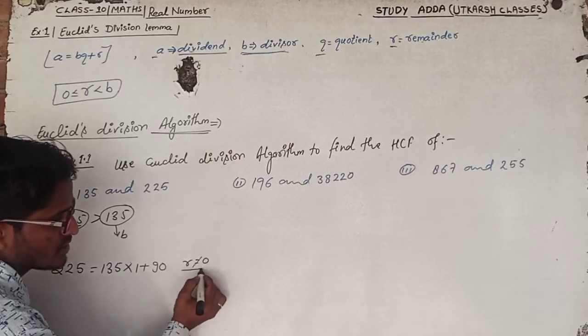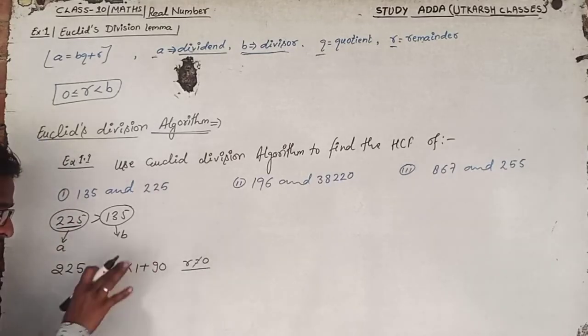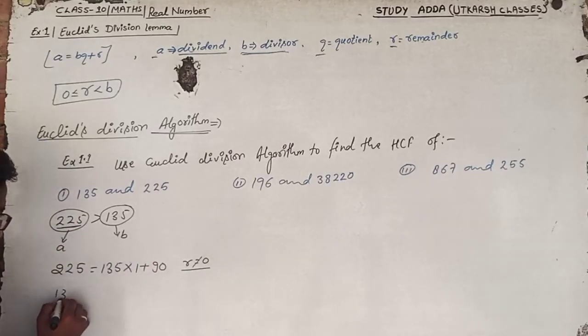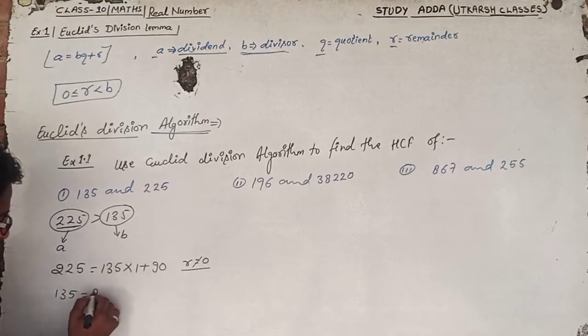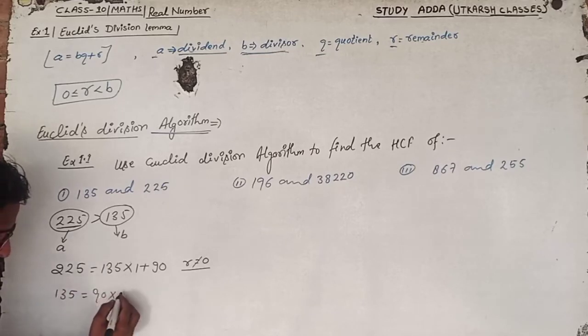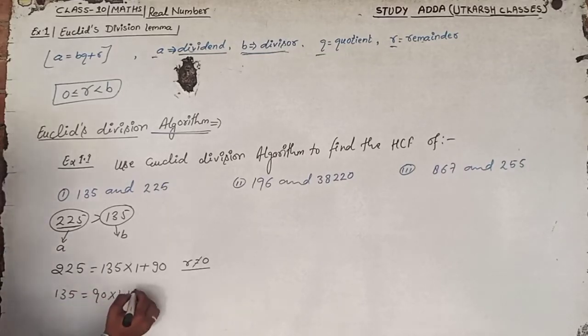Here R is not equal to 0. Then we repeat the step: 135 is equal to 90 times 1 plus 45. 90 goes into 135 one time and leaves the remainder 45.